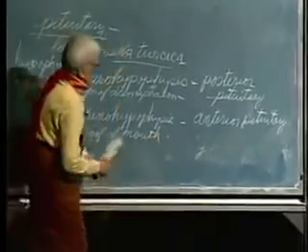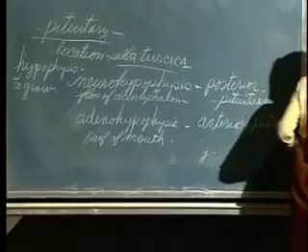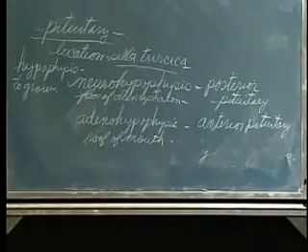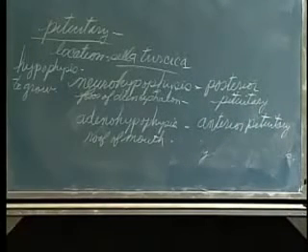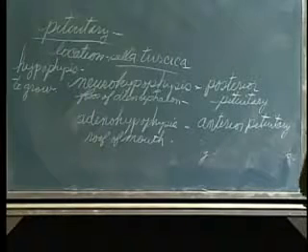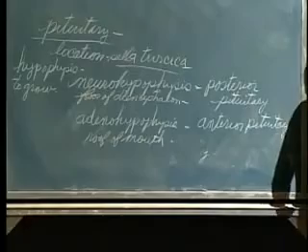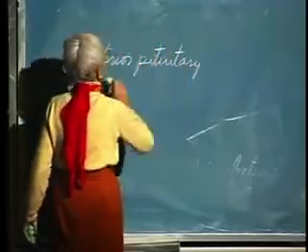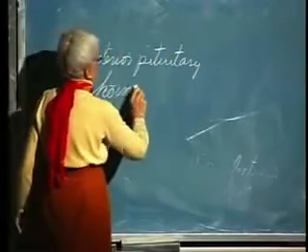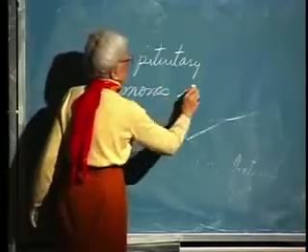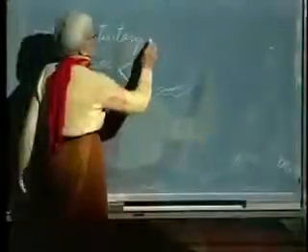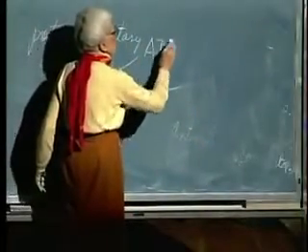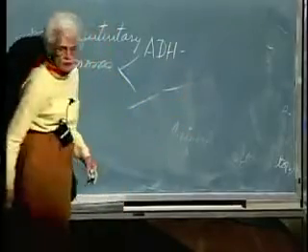So what do we know about our neural hypophysis? The posterior pituitary. Hormones. We have two. One we've talked about just recently, the antidiuretic hormone.